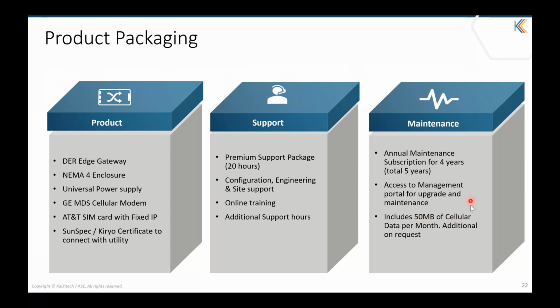You can also subscribe for annual maintenance for the entire 5 years: the first year is included in the product, and an additional 4 years can be subscribed, which means that all the maintenance of the hardware and the software will be done. If any issue happens, the device can be shipped back and we will send a fixed or rectified device or a new device depending upon the issue. This can be made available for 5 years.